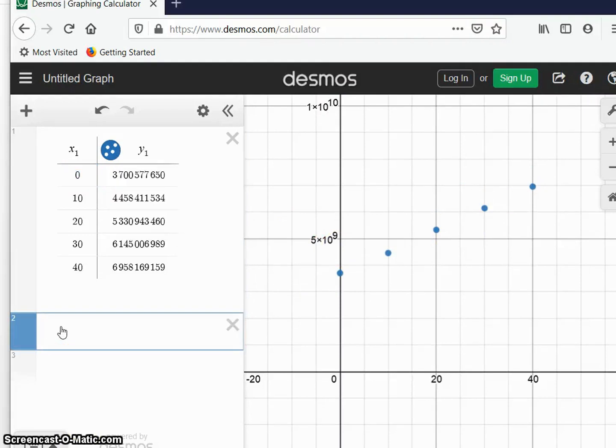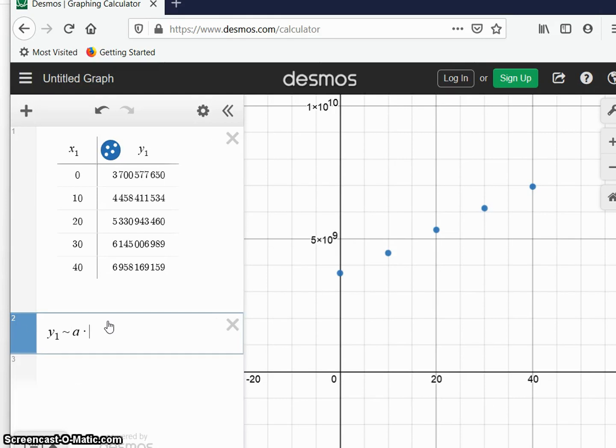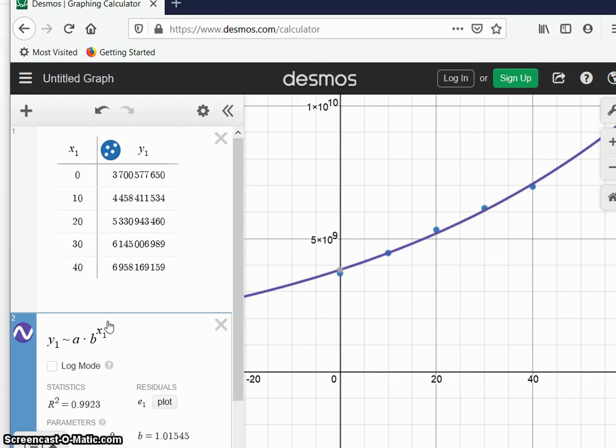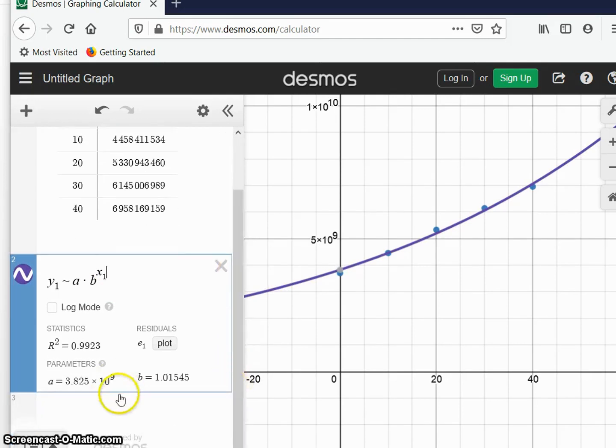All right, so to find the exponential regression, y1 twiddle a times b raised to the x1, and it finds the exponential regression. So my answer is 3.825 times 10 to the 9 times 1.01545 to the x.